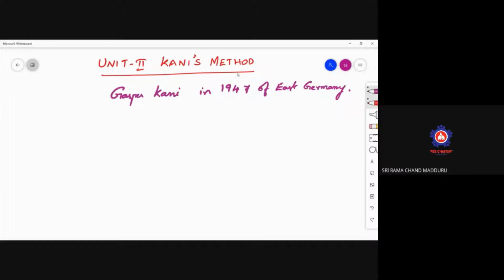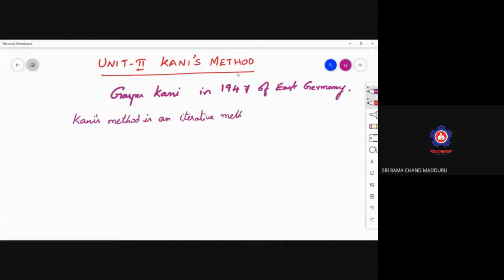So this is an iterative process or iterative method. Kani's method is an iterative method.